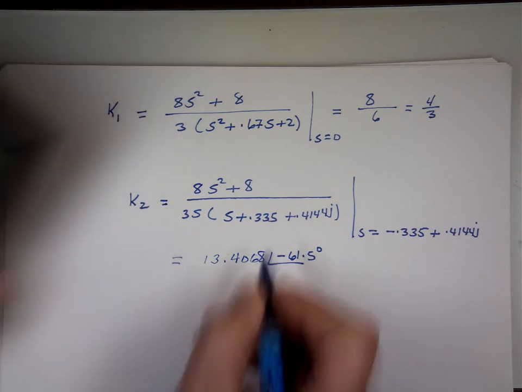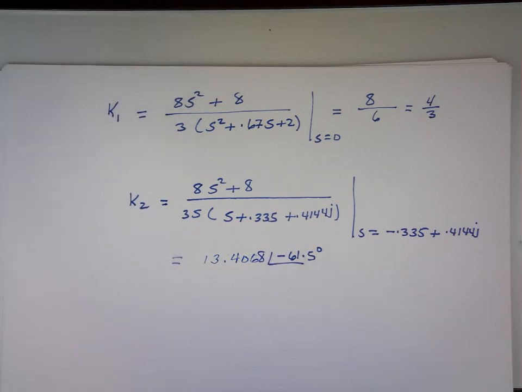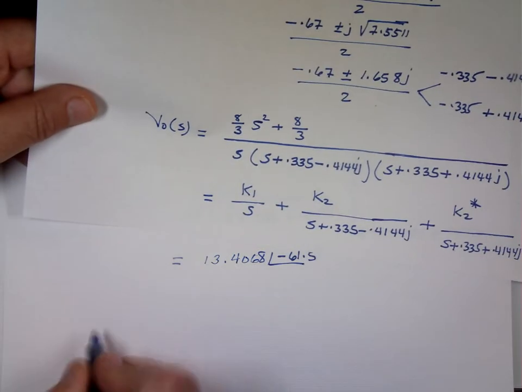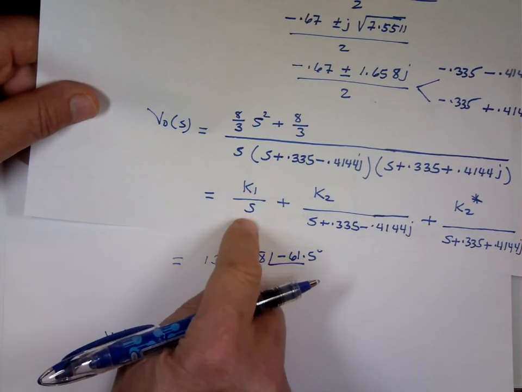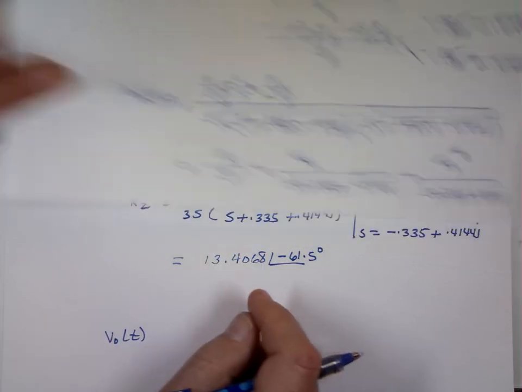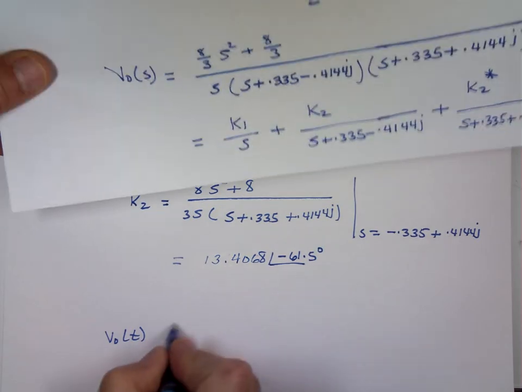So now I'm done. One more step. We said solve in Laplace. We just did. Now change it back to time domain. V out as a function of time. What's the inverse Laplace of K1 over S? K1 is 8 over 6, or 4 over 3.